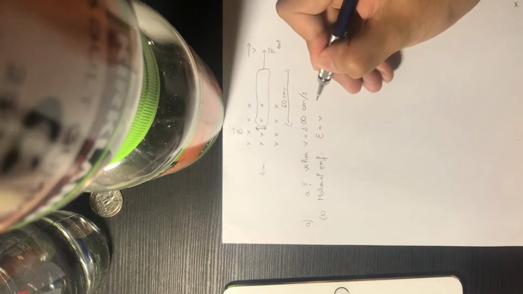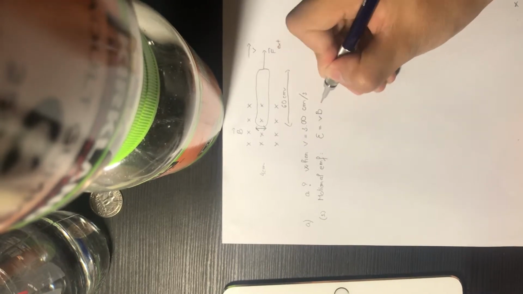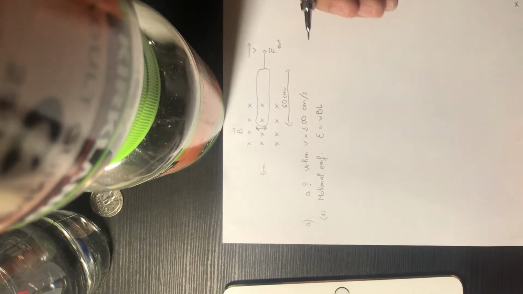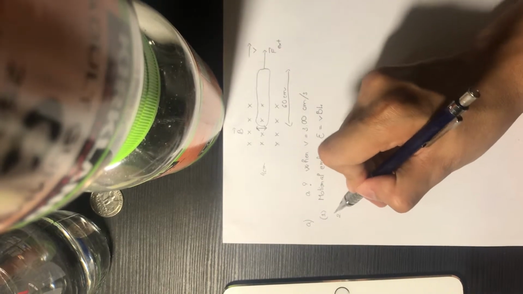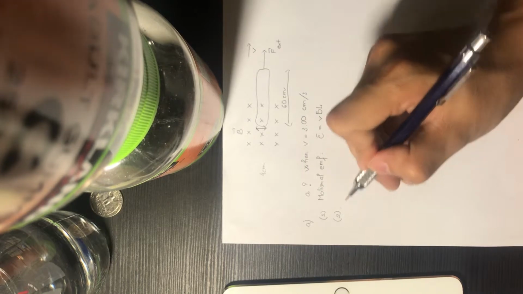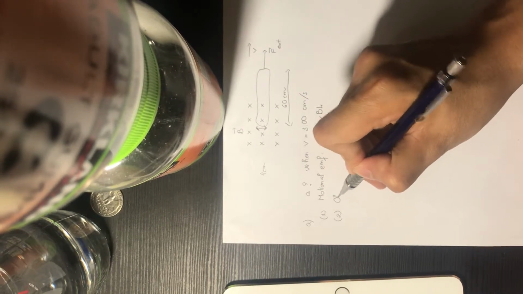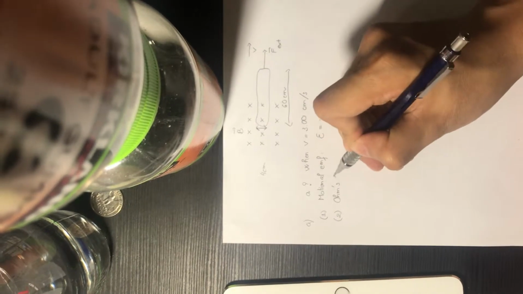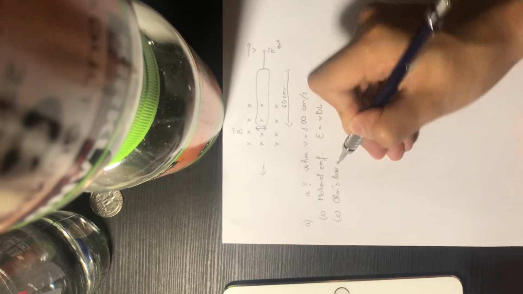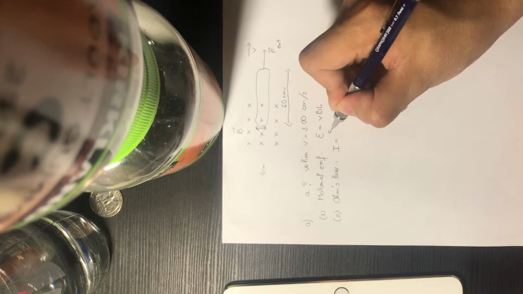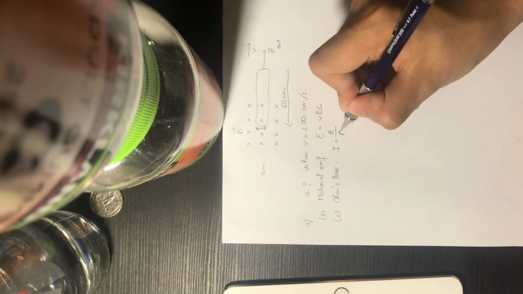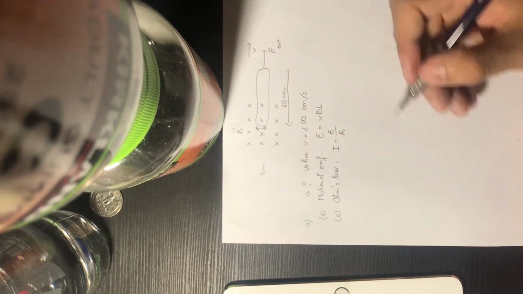We have velocity, we have magnetic field, and we have the length. The second formula is Ohm's law. We have the current equal to the voltage divided by the resistance.